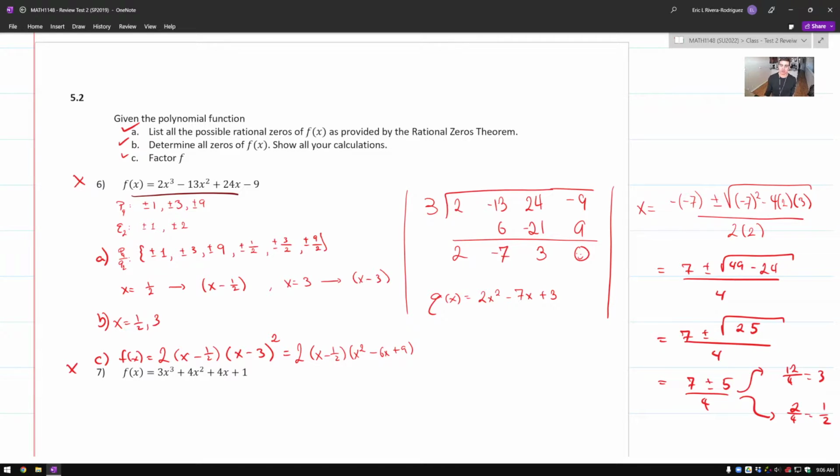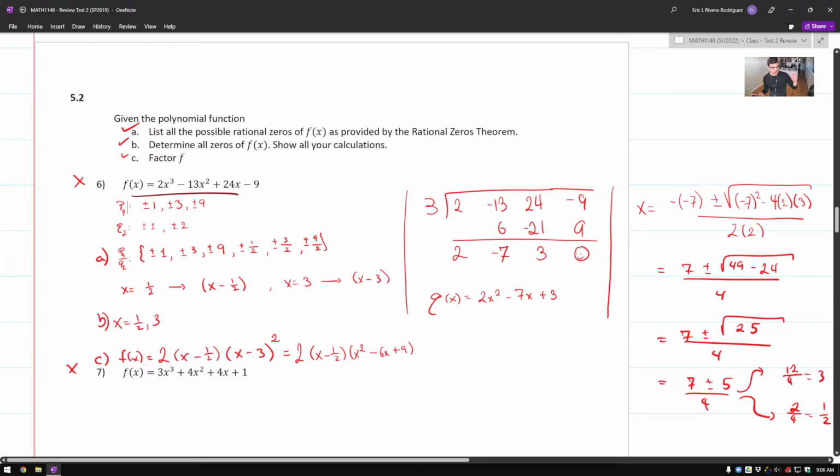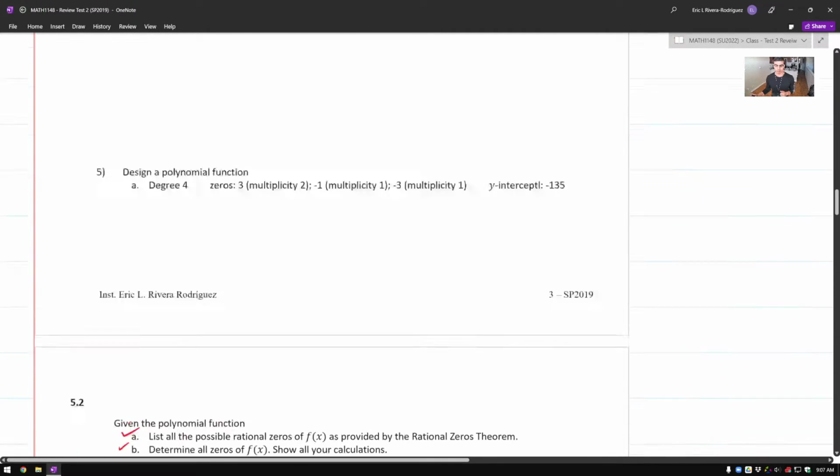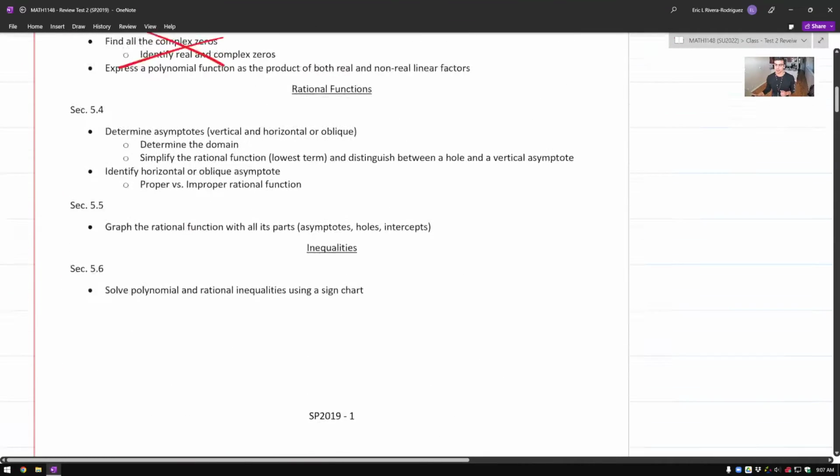You need to go through all the steps: list all possible rational zeros, determine the zeros of the function, and then factor the function. Those are the 3 topics that I'm going to evaluate on the quiz and test number 2.